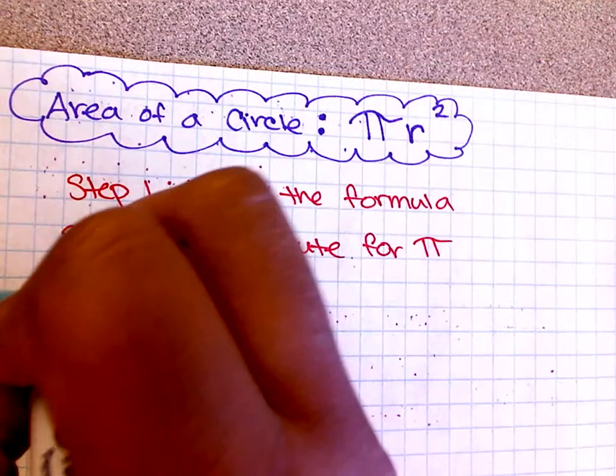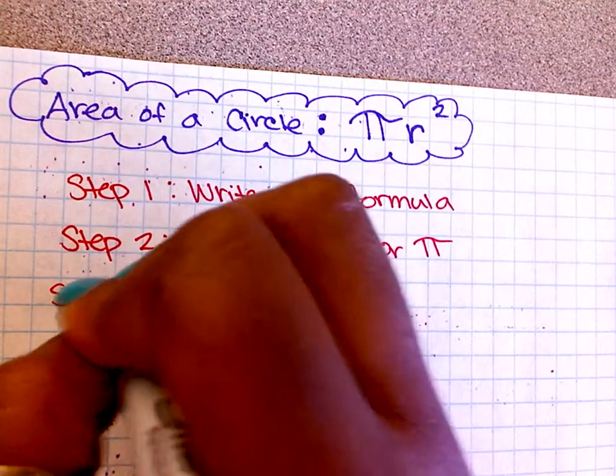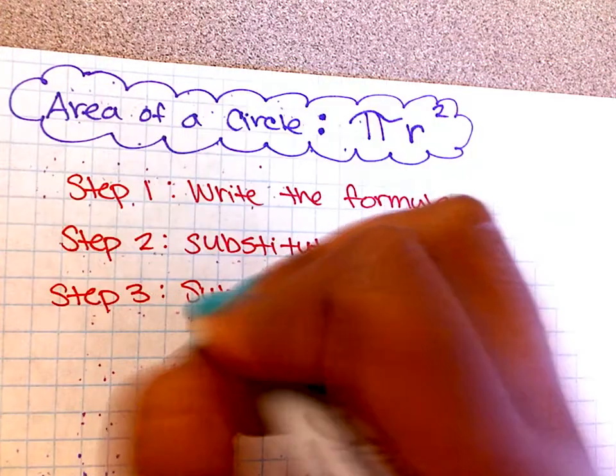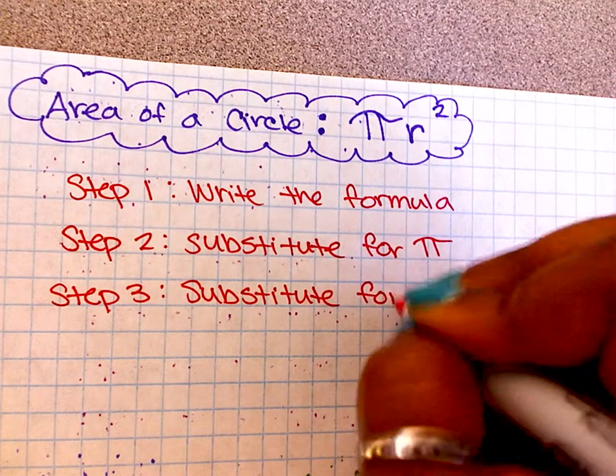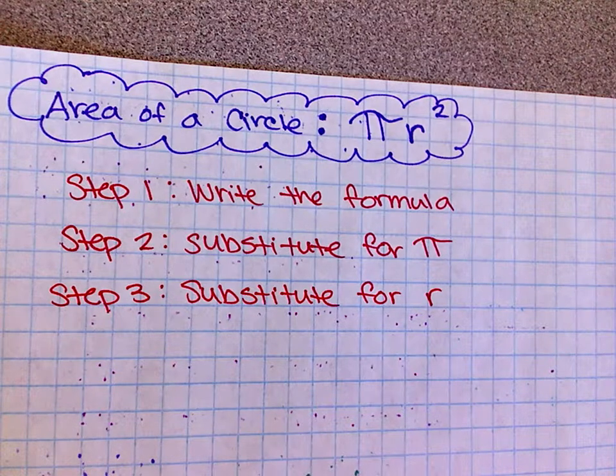So after you replace pi, step 3, you're going to substitute for r, which is the radius. Sometimes they're going to give you the diameter, and you have to know that the radius is half of that, so you have to divide it by 2. Sometimes they'll just give you the radius to make it really easy.